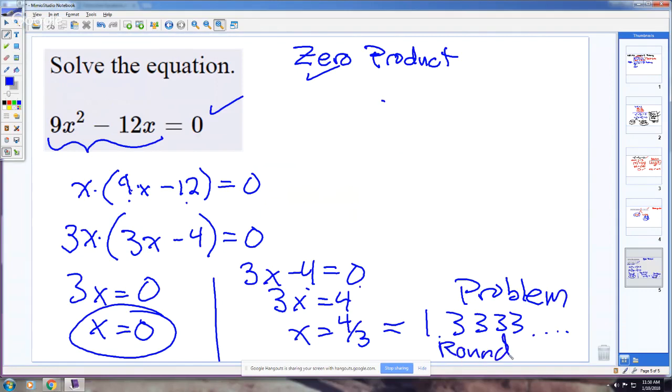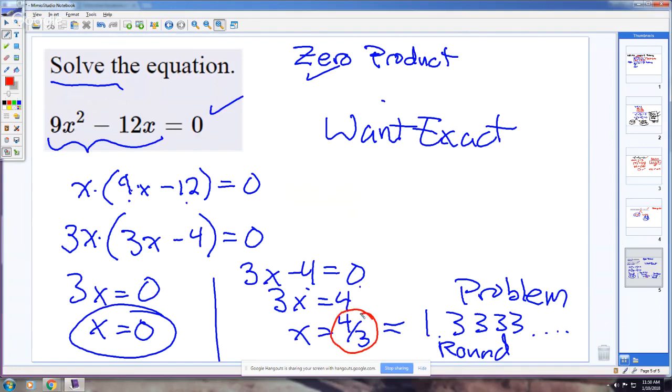And a lot of times when we solve equations, we want exact answers. And here, 4/3 is exact, but this is rounded, okay? So if I want an exact answer, I want the 4/3, not the rounded answer. So pay attention to the question to see if it says, hey, round or give me an exact answer.